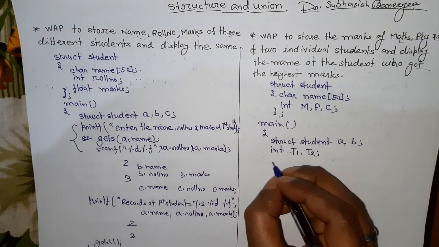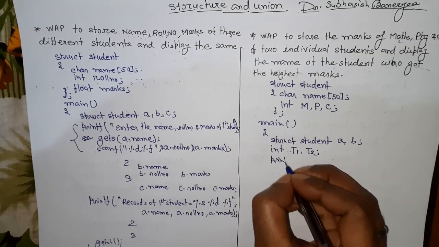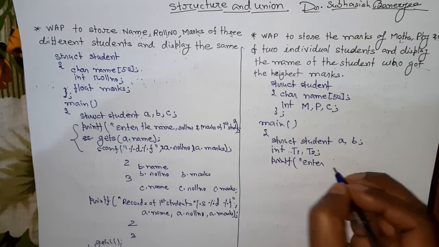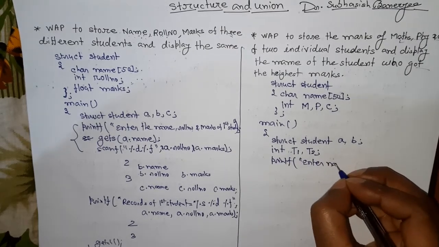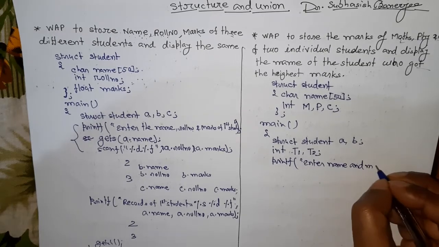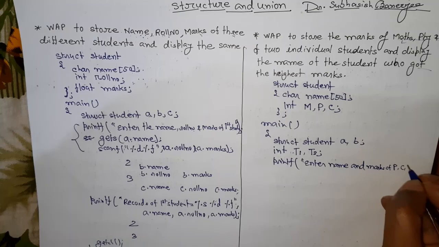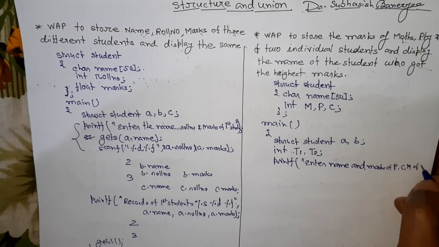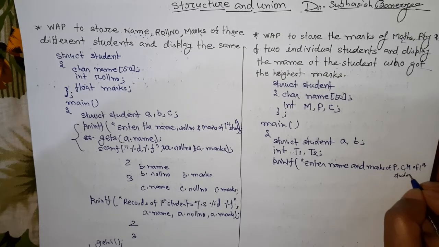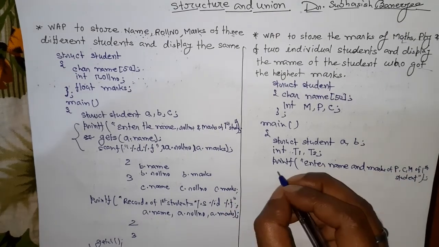So here we are going to ask the user, printf enter name and marks of physics, chemistry, math of first student. The users are going to provide the values.